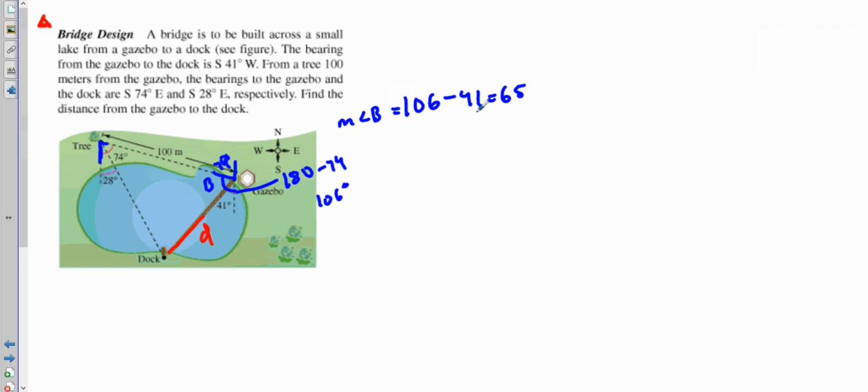Just to verify, 65 plus 41 equals 106. So this angle inside is 65 degrees.